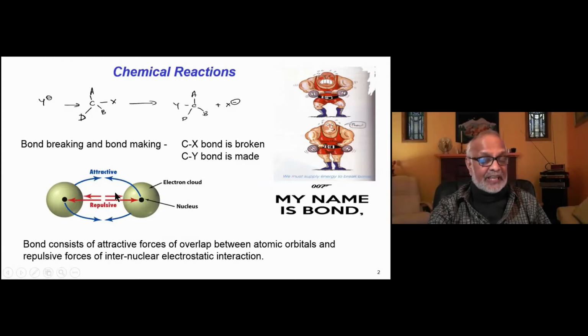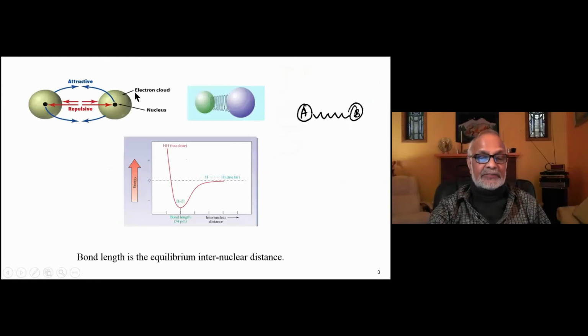Electrons repulse each other because they're both negatively charged. But this nucleus will be attracted to these electrons, and this nucleus is attracted to these electrons. So essentially, bonds have attractive forces and repulsive forces. It's an interplay between attractive forces and repulsive forces.